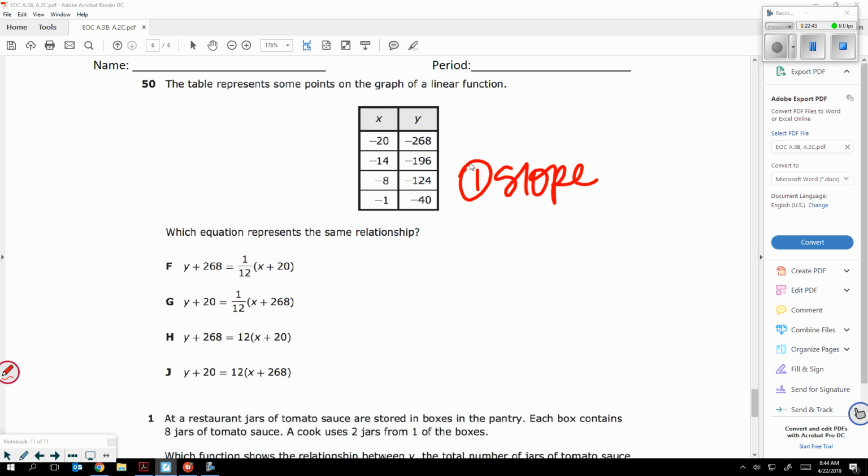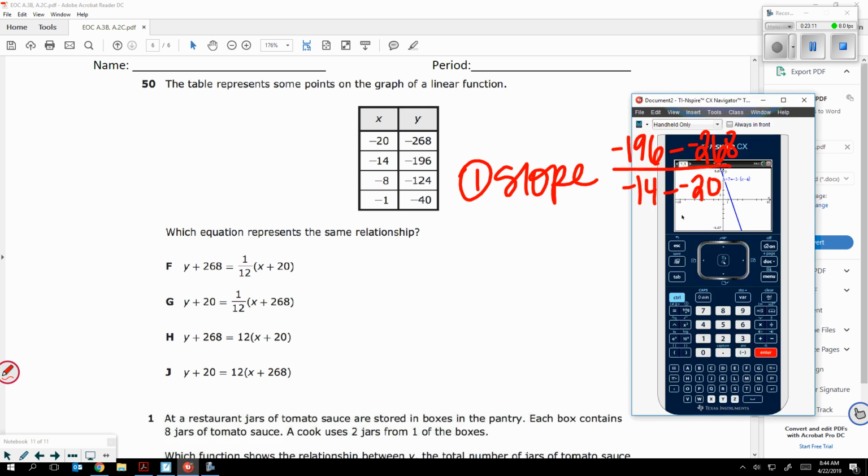Okay, so we did put in our calculator our second y, so negative 196 minus our first y, negative 268, divided by our second x, which is negative 14, minus our first x, which is negative 20. So when I put that in my calculator, I have to go back to calculate, control divide to give me a fraction, and put it in.